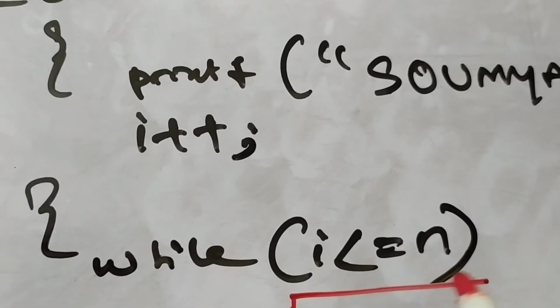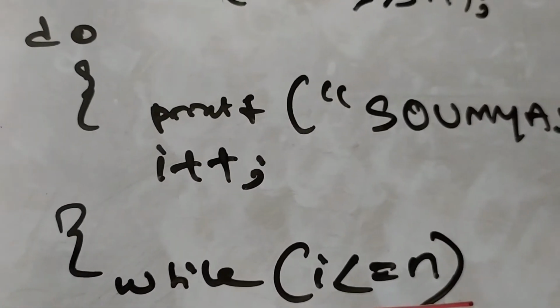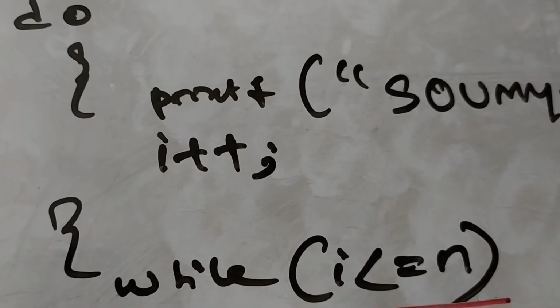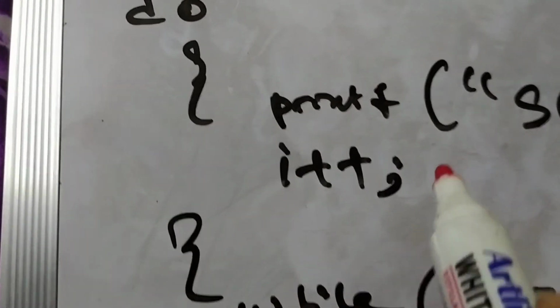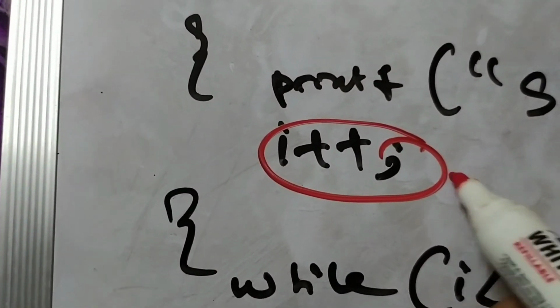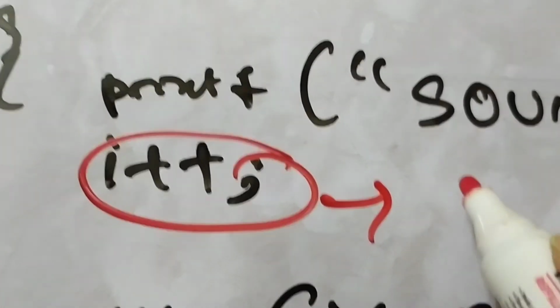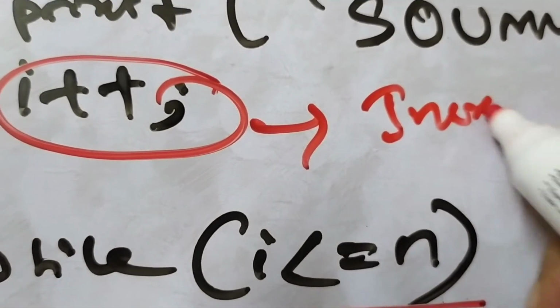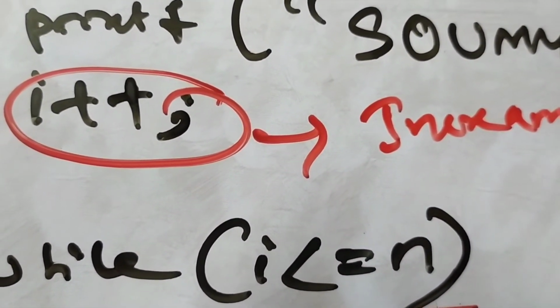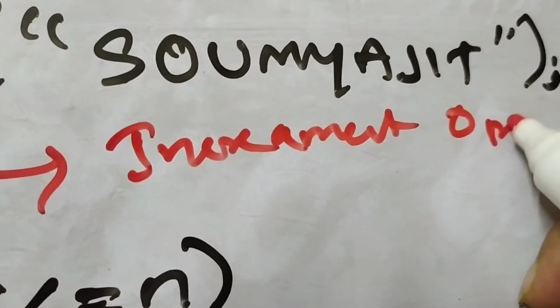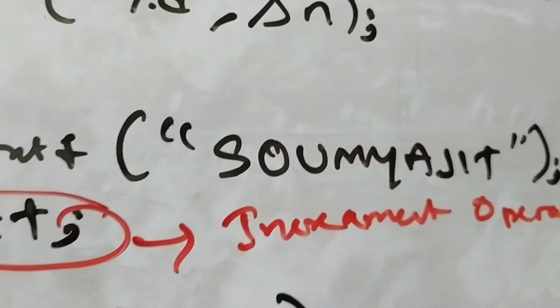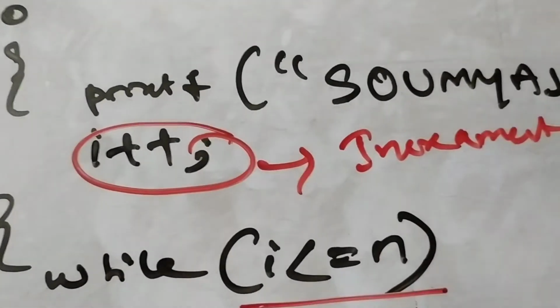So if I put 100, 1000, whatever value, my name will be printed that many times. This is the program, and this is the use of the increment operator.